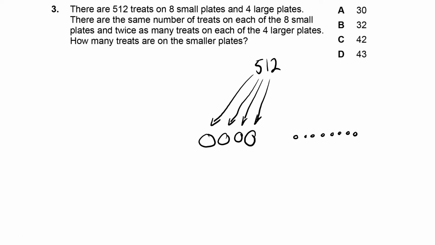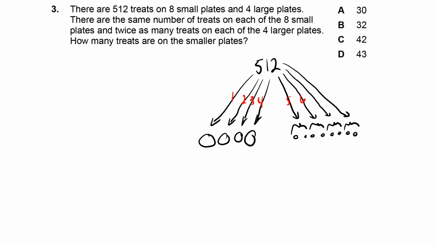The amount that goes to the smaller plates means that for every 2 smaller plates, they get the same as what goes to the larger plate. From this, we can see that we're taking the 512 and dividing it up into 1, 2, 3, 4, 5, 6, 7, 8 equal-sized parts. Remember, each of the smaller plates is getting half of what one of the larger plates is getting. So 2 of them together are the same as one of the larger plates.